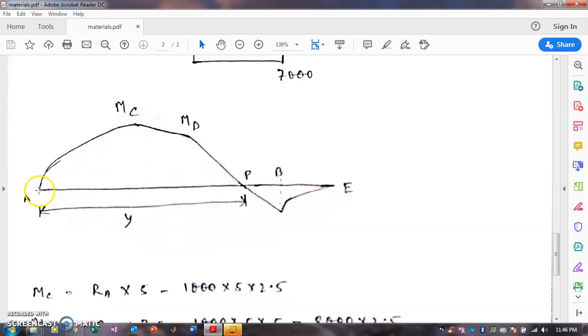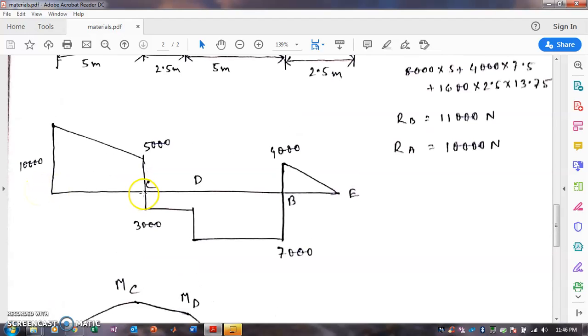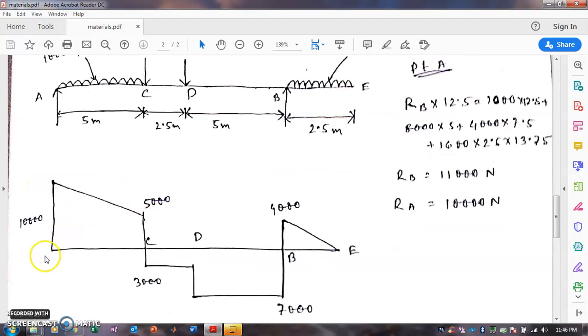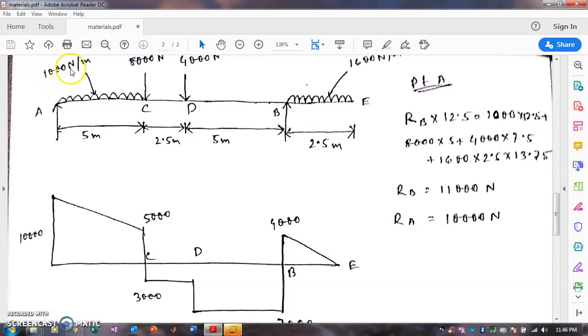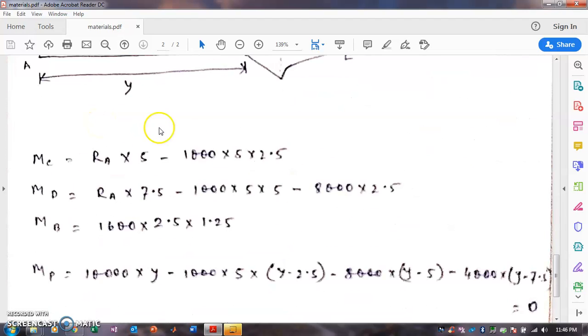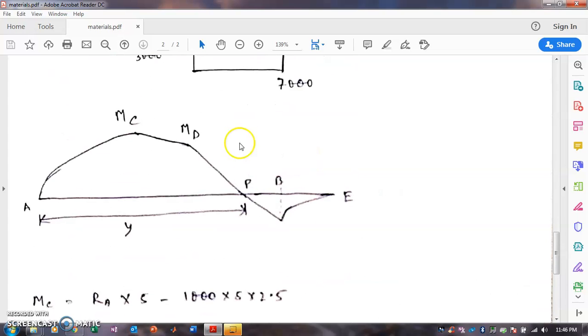The moment at C will be this shear force into this distance, so 10,000 into 5, minus the moment due to this UDL, that is 1000 into 5, meaning 5000, into the perpendicular distance 2.5. That will be the moment at C. And what will be the moment at D?